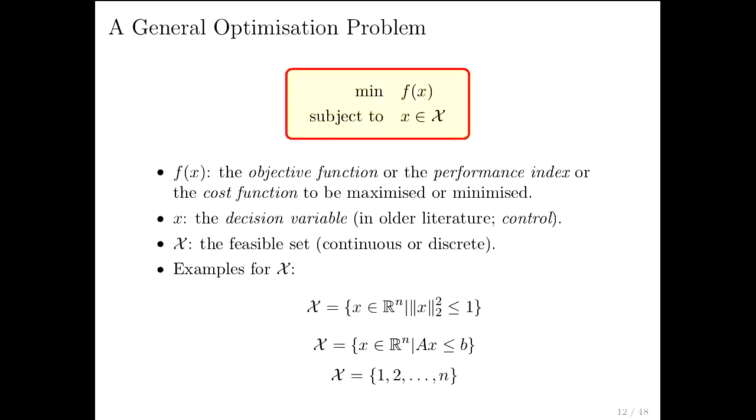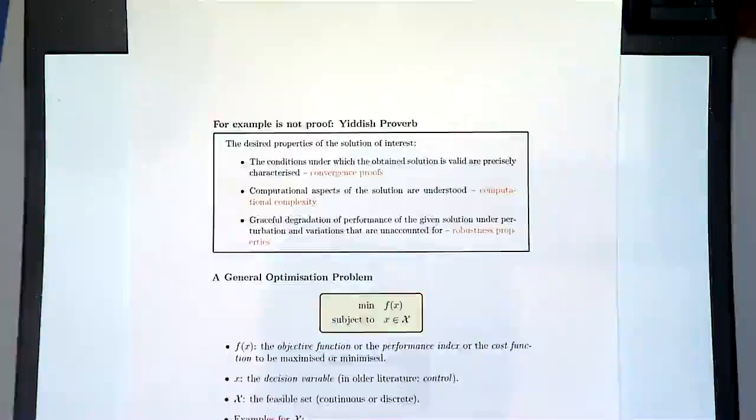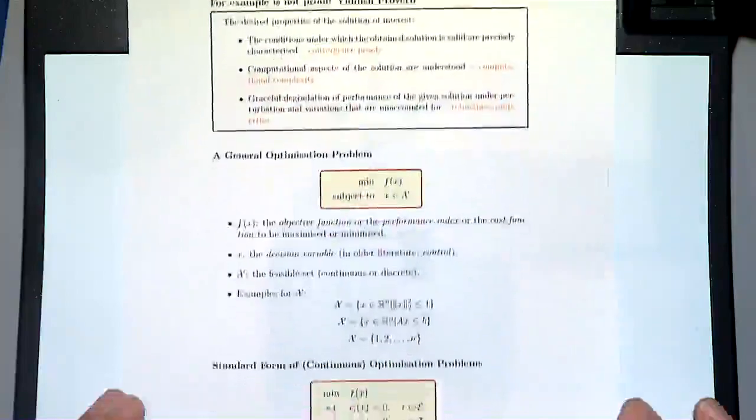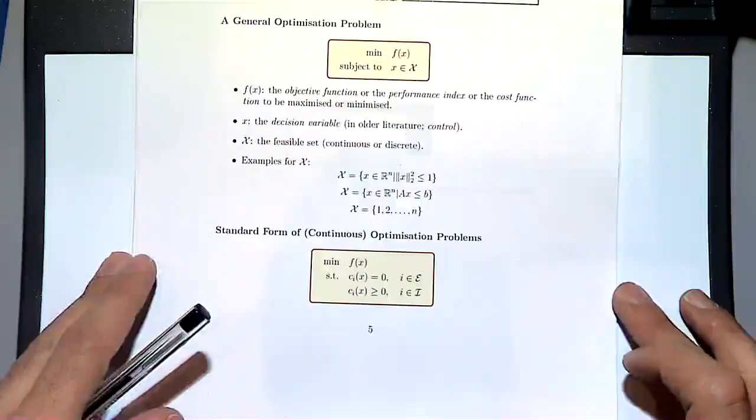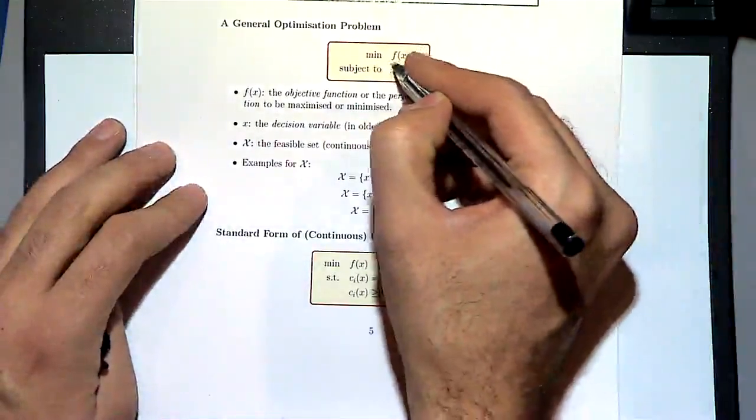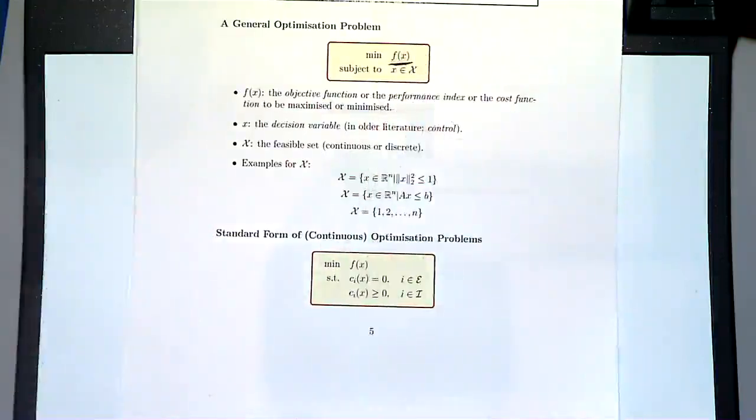Now I'm going to switch to this. So this object there is known as the objective function, or the performance index, or the cost function.